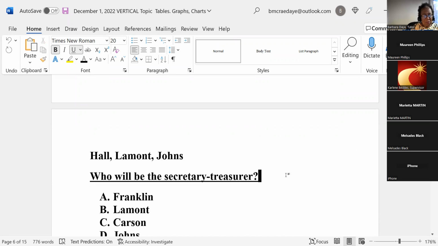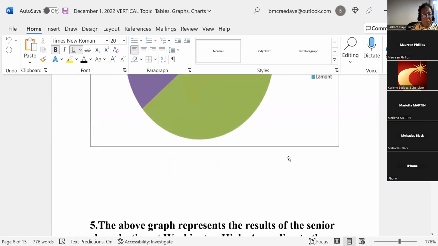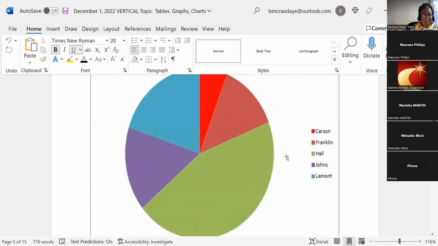That's right. If they ask you who would be the president, then who would be the president, Maureen? Hall, because Hall had the most votes, right? Who would be the vice president?